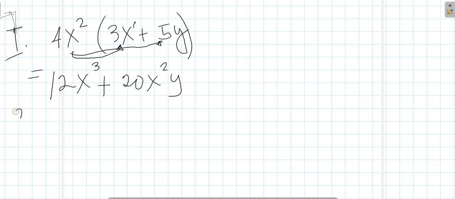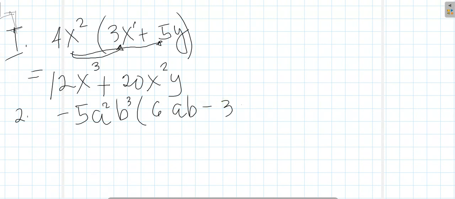Okay, next, number 2, another. Negative 5a squared b cubed times 6ab minus 3a squared b to the fourth. The same process, you're going to distribute.